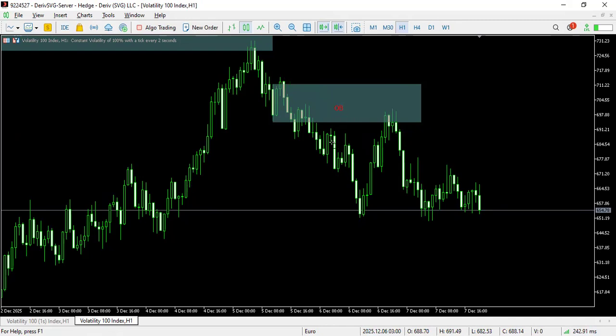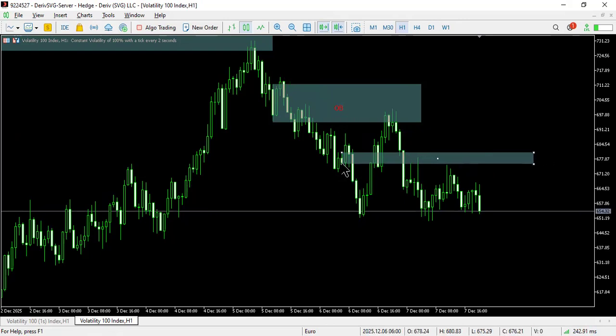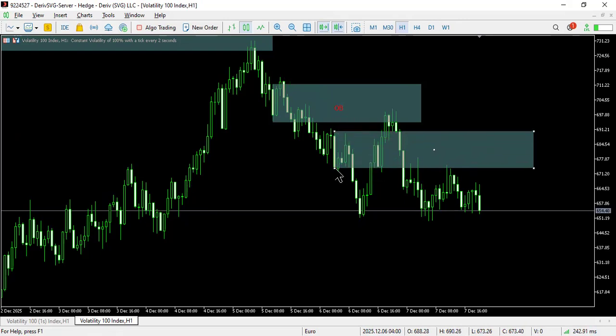And then we also have this order block that price mitigated.